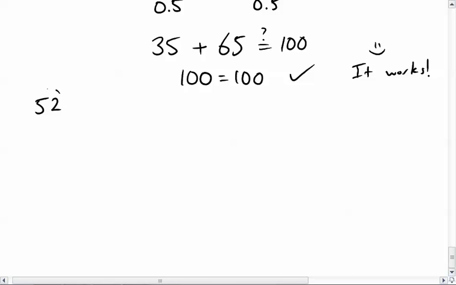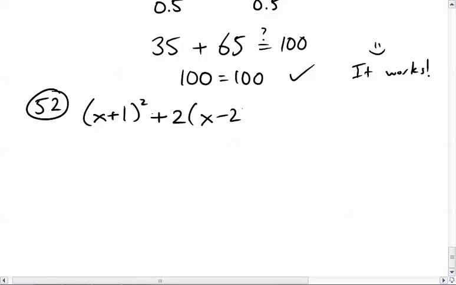And the very last problem, 52. Here we have what looks to be a quadratic. Something squared plus 2x minus 2 equals x plus 1 times x minus 2. So the first thing that we want to do here is expand the brackets. Put the 2 into the bracket and do what we call FOIL here.